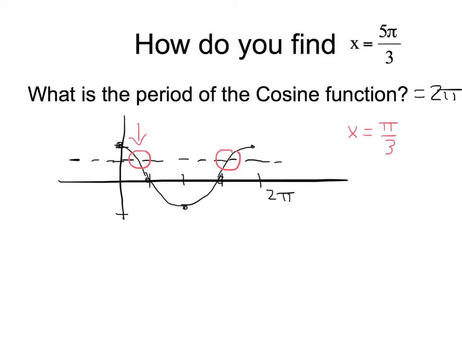We need to come up with the second one. So I'm going to take my 2 pi and subtract off the pi over 3 to come up with that second one. And 2 pi is the same thing as 6 pi over 3. And subtracting off pi over 3 would give me 5 pi over 3. That's where the second one comes from.